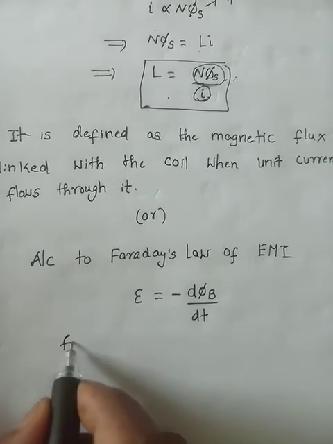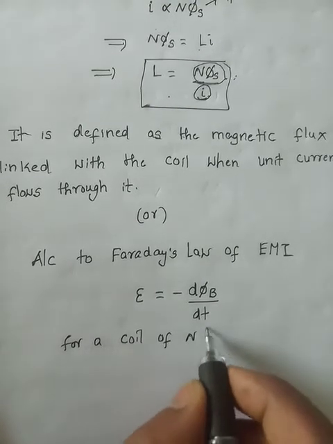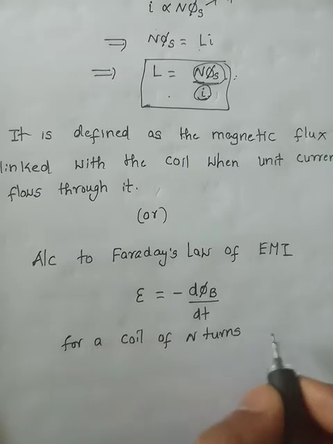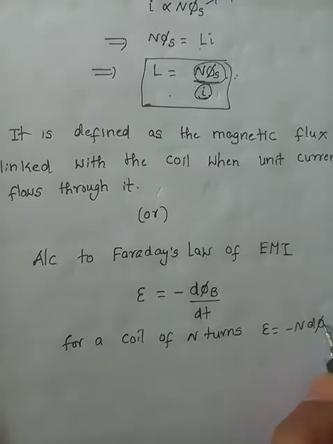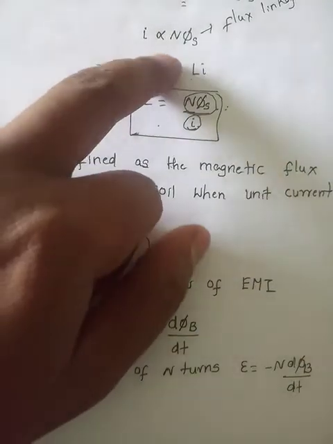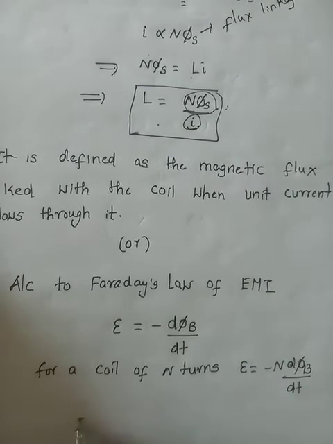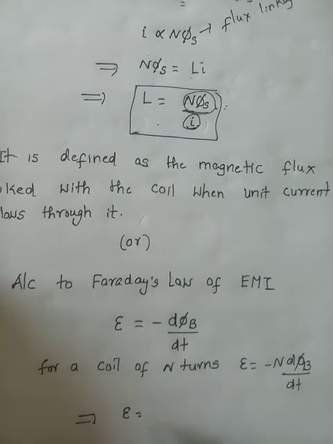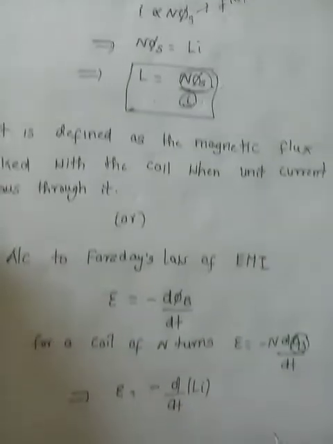For a coil of N turns, E equals minus N d phi_B by dt. Now we already discussed that N phi_B equals L I. So E equals minus d by dt of L into I.